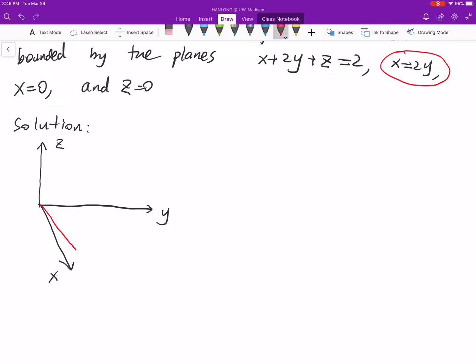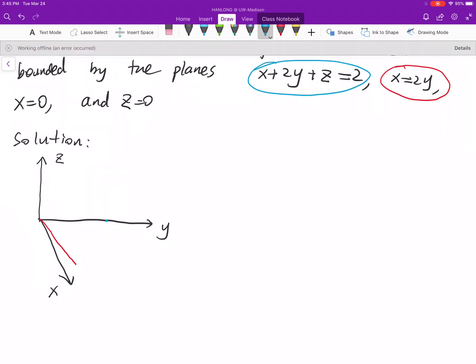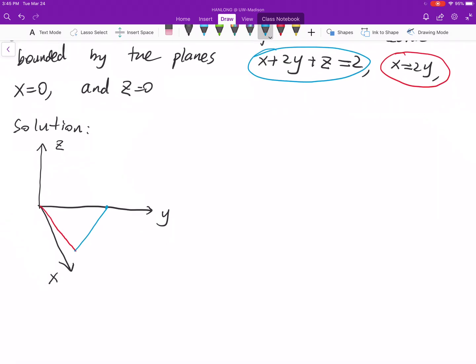And then next, I would like to draw the restriction of this on the xy plane. So you will have this. And then notice that this plane also has intersection z equals 2 with a z coordinate. Okay.